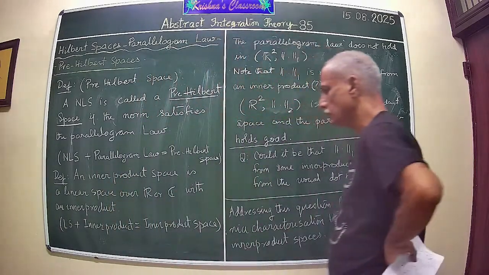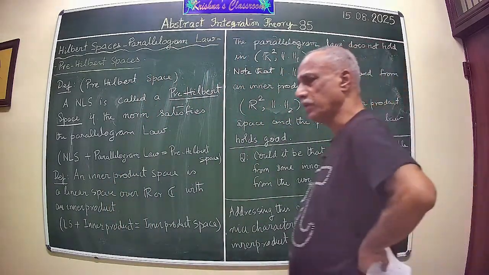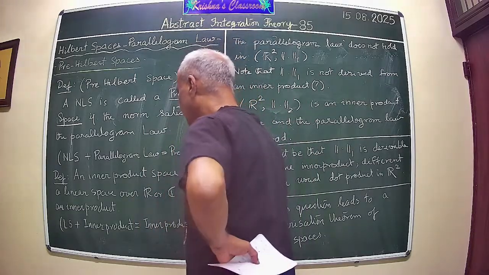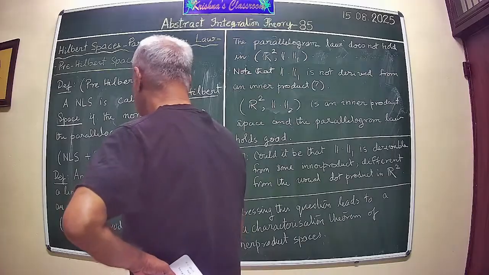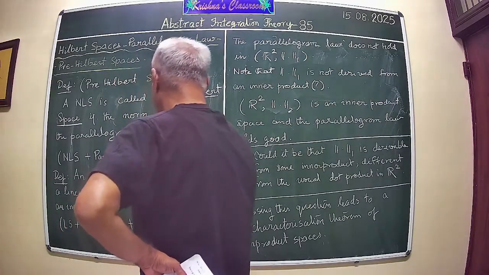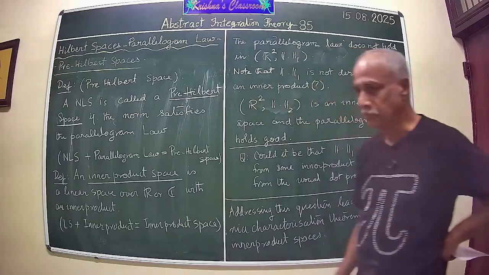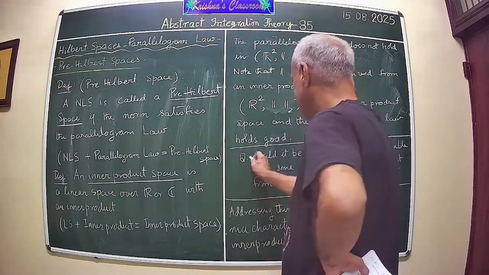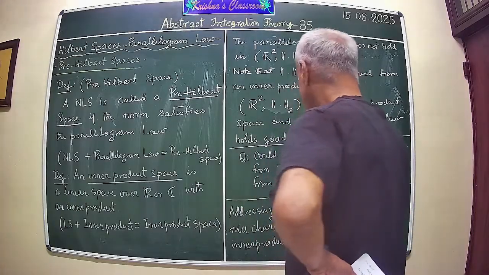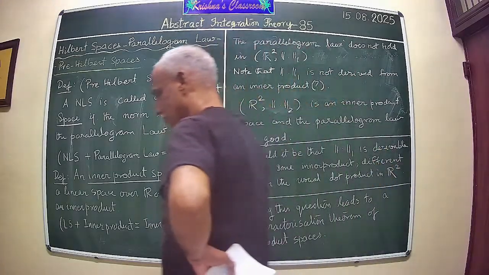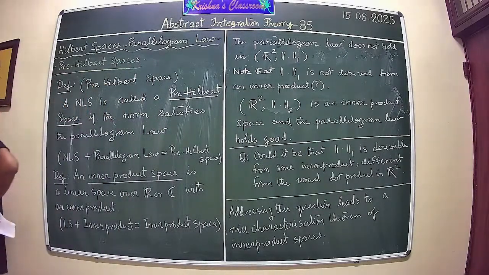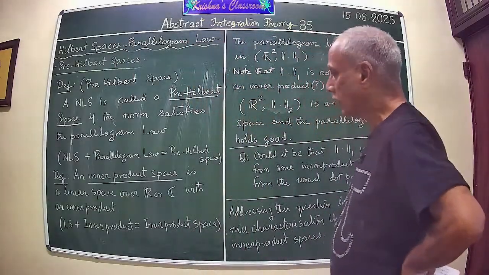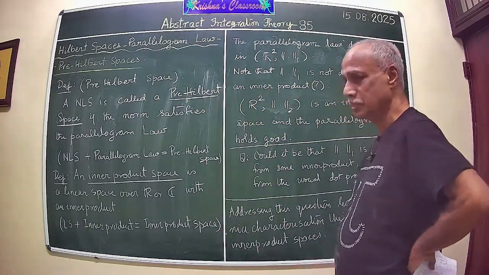So we have now two terminologies. One is the pre-Hilbert space and the other one is inner product space. Are they the same? If they are the same, then of course it addresses this question, that is, no normed linear space where the norm does not come from an inner product can be a pre-Hilbert space.